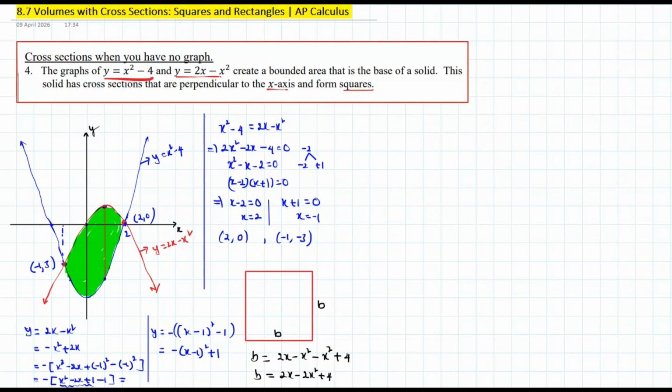Now the area of the cross section, the area of this square, equals b times b, that is b squared. Since the base is 2x minus 2x squared plus 4, the area A of x equals 2x minus 2x squared plus 4, whole squared.